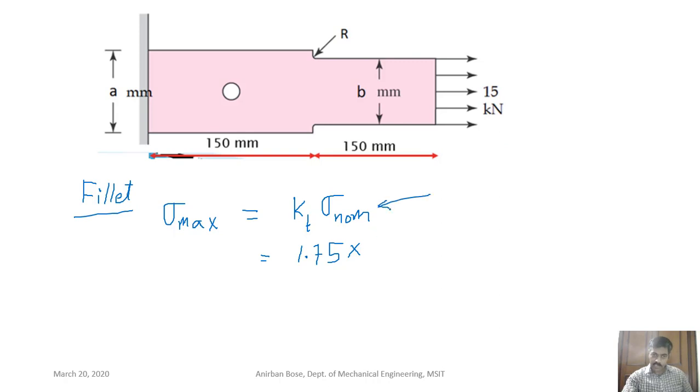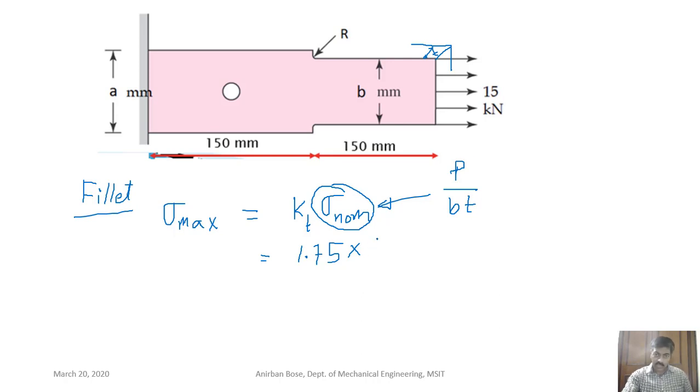Sigma nominal is P divided by B into T, where T is the thickness, the dimension in the perpendicular direction.